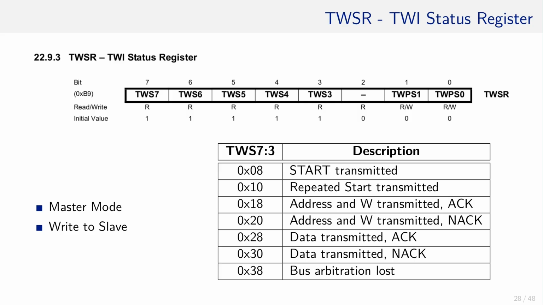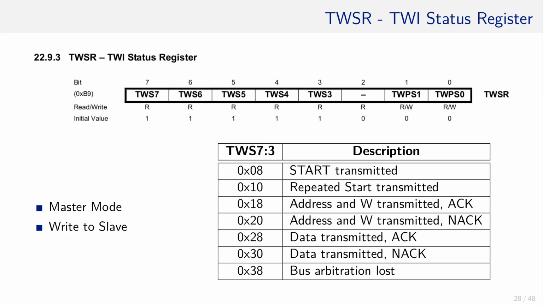Another 2 modes are available if the MCU is a slave, and if that slave submits or reads data to or from a master. Hence 4 modes, and based on the chosen mode, the status bits can have different values. Let's start with the MCU being a master and it wants to write to a slave. One note: if the TWSR is read, please mask out the prescaler bits, as they are not required to know the state.